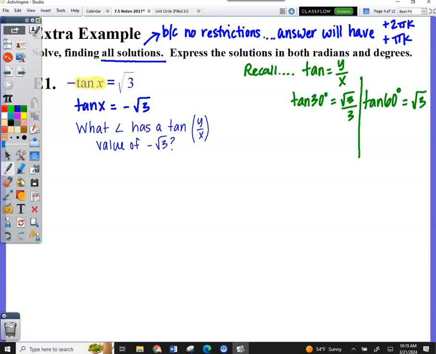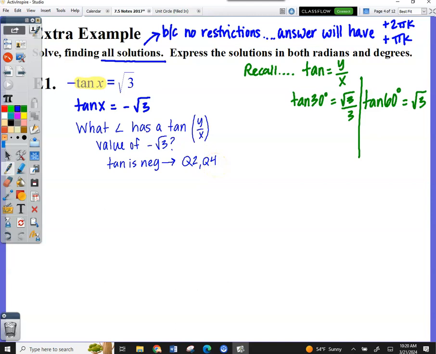Well, the fact that tan is negative tells me which quadrants I'm in. Tan is where you divide x and y. In your 4 quadrants, where would you divide x and y and get a negative number? Quadrant 2 or 4, because that's where one would be positive, one would be negative. So we're in quadrant 2 and 4.